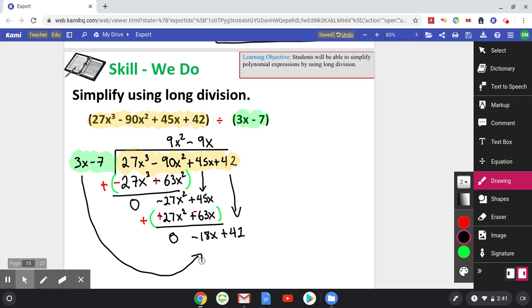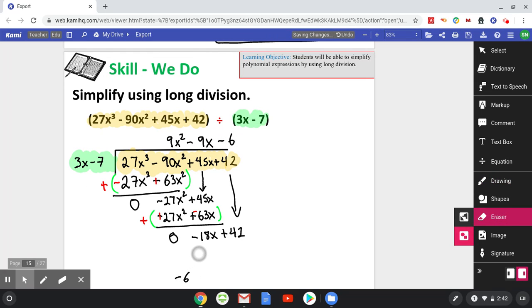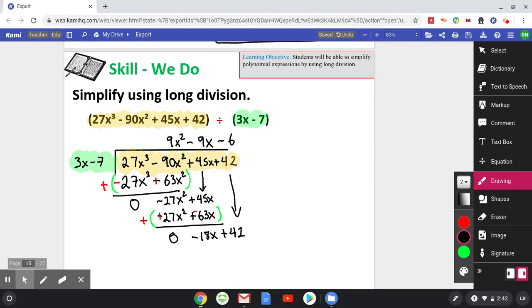3x multiplied by -6 will give you -18x. So -6. 3 from the divisor times -6 is -18x. -7 and -6 is positive 42.